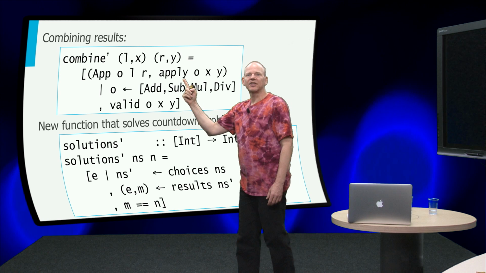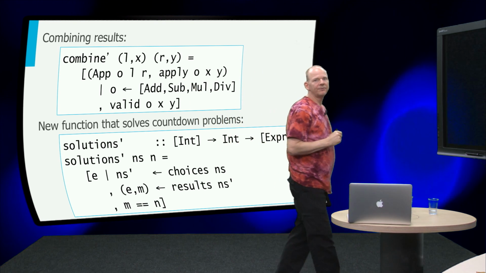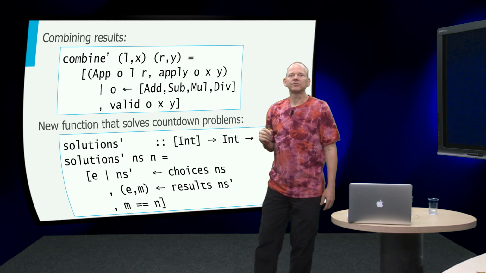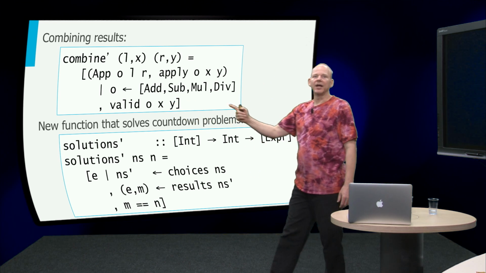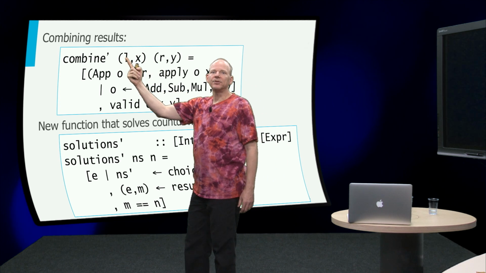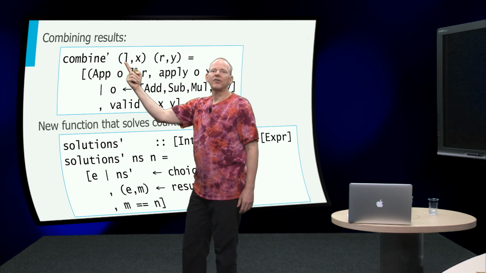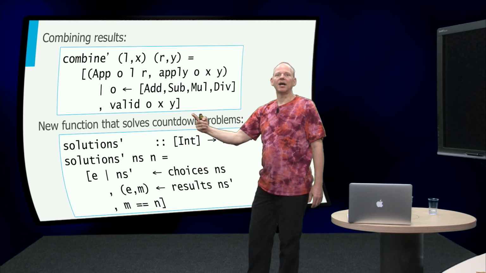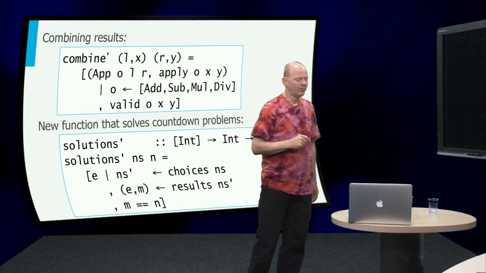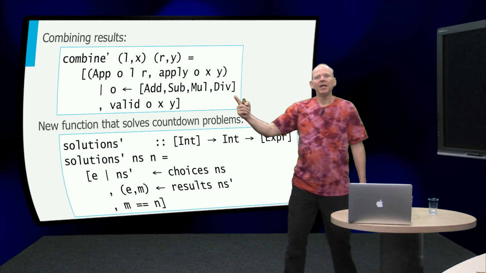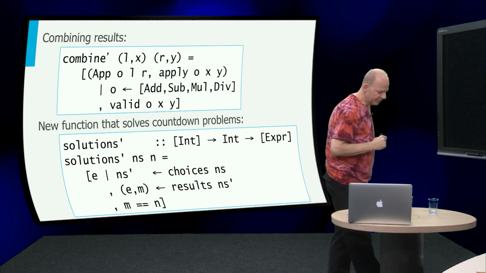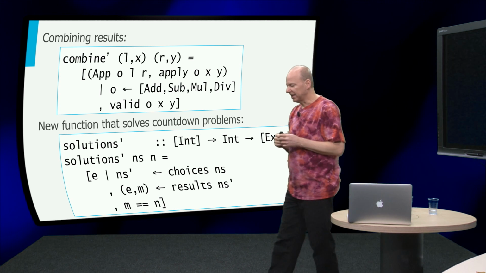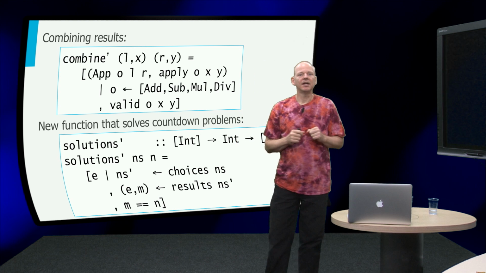It's exactly the same as our previous combine function, except that now we also check whether the results are valid. We can do that because we are now carrying around a pair of the expression and its value. That allows us to check here whether the result is valid as we are generating these new expressions. It's a small change, but it's quite dramatic.